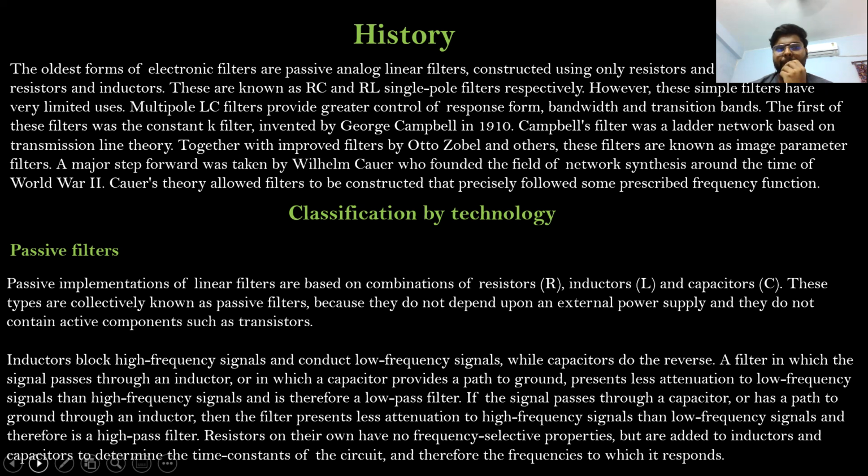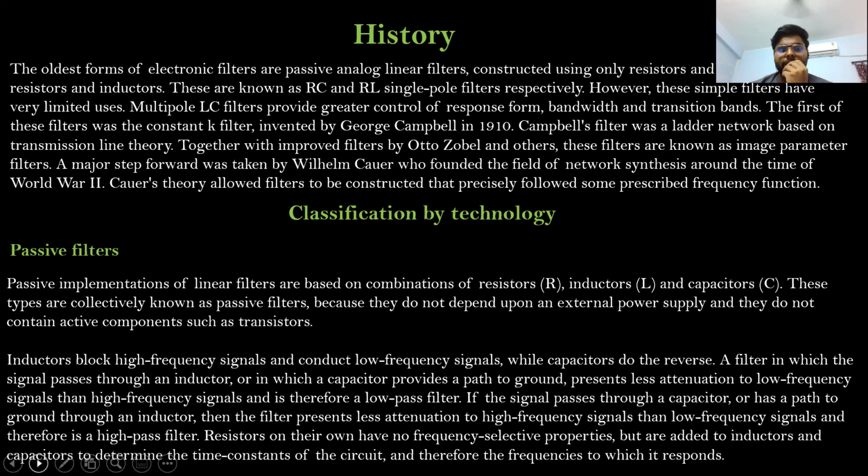First one, passive filters. Passive implementations of linear filters are based on combinations of resistors, inductors, and capacitors. These types are collectively known as passive filters because they do not depend upon an external power supply and they do not contain active components such as transistors. Inductors block high frequency signals or conduct low frequency signals, while capacitors do the reverse.